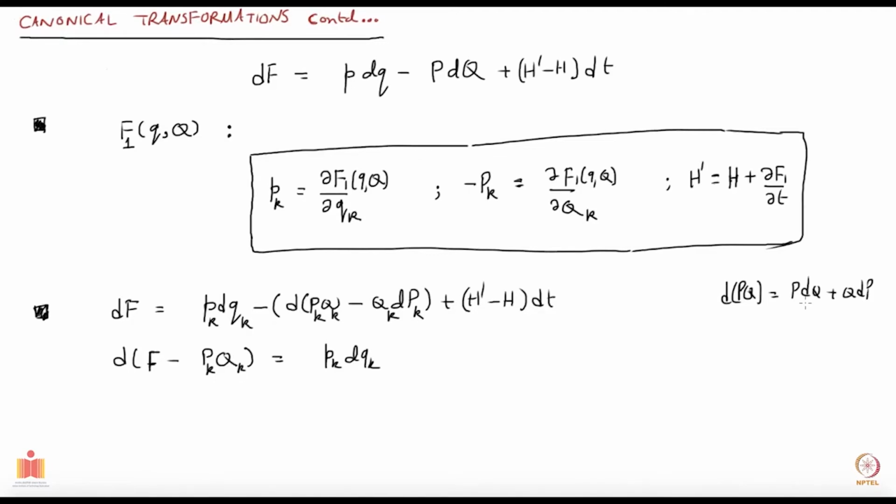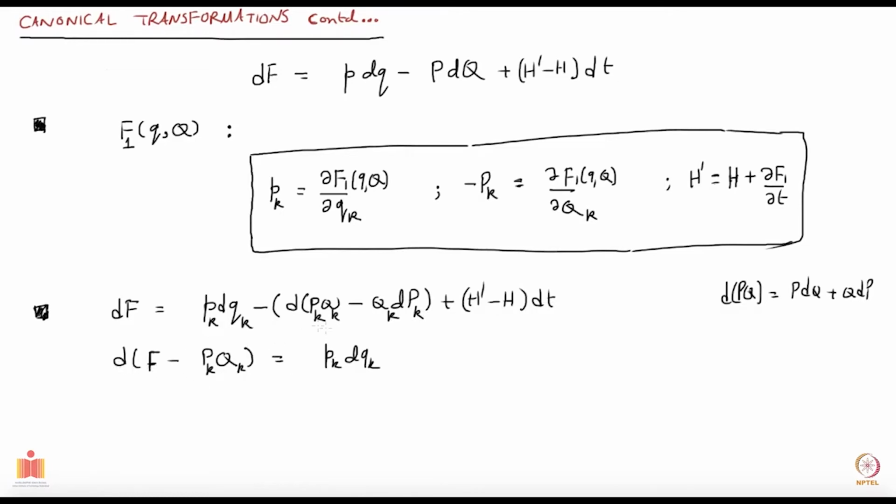I don't see a mistake right now. Minus d of pq is minus p dq minus q dp, and I have a p dq which will make it, this looks correct. So maybe I made a mistake while writing my note.